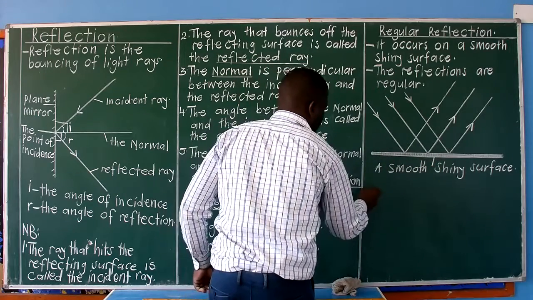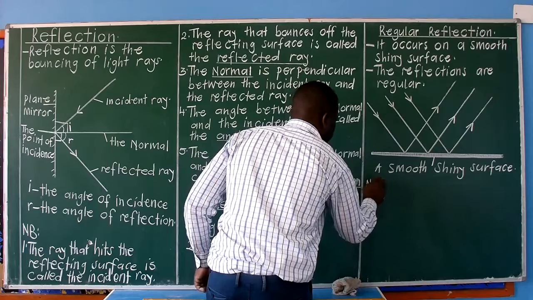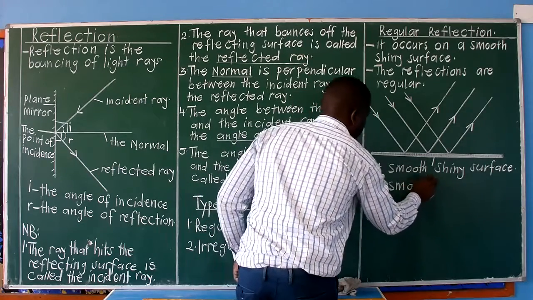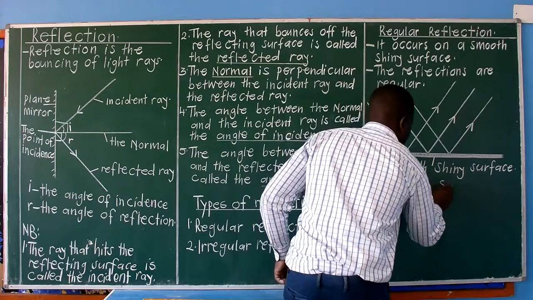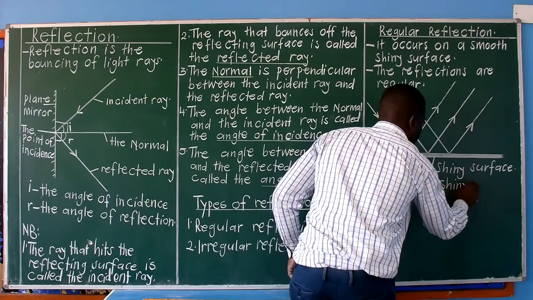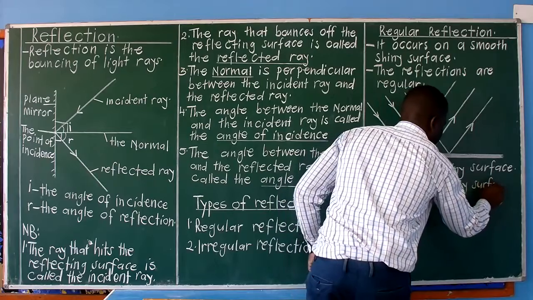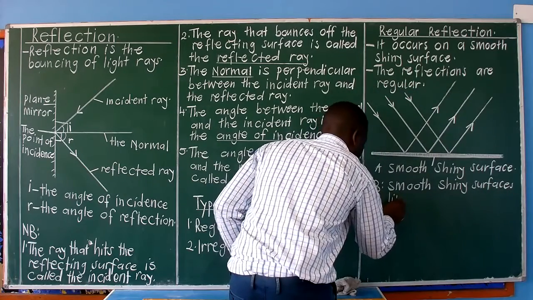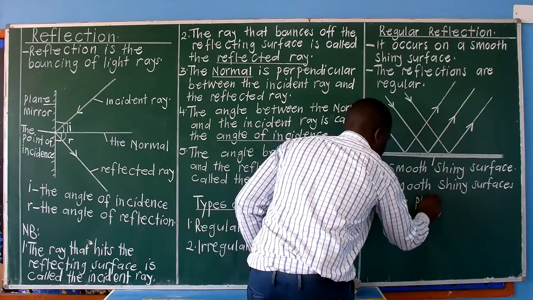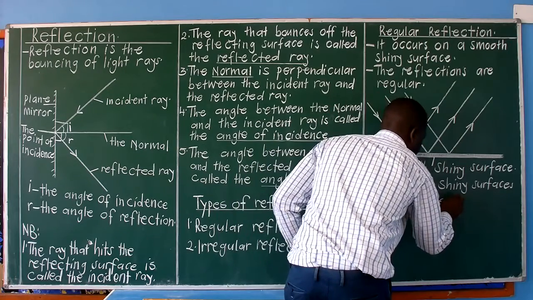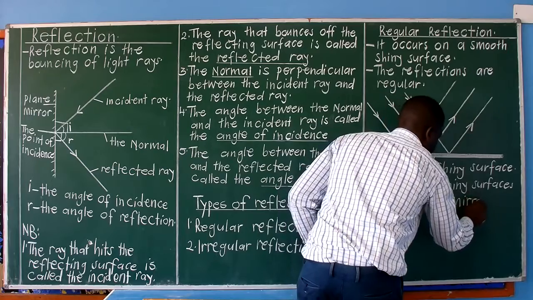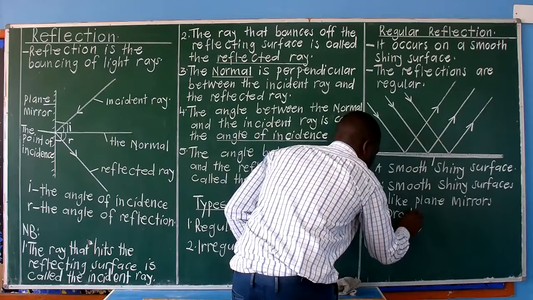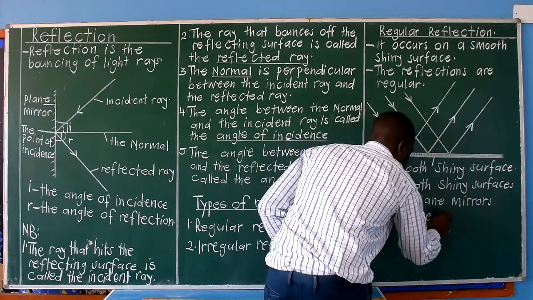So, NB: smooth, shiny surfaces like plain mirrors produce regular reflection.